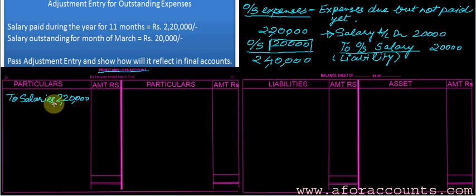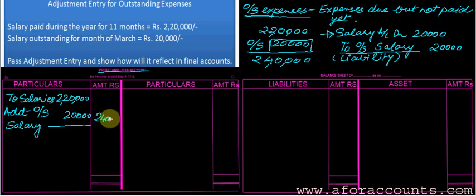So you will write add outstanding salary 20,000, and in the outer column you will take the total 2,40,000.